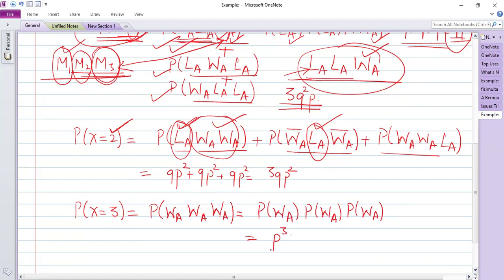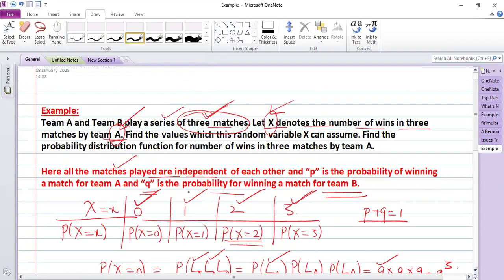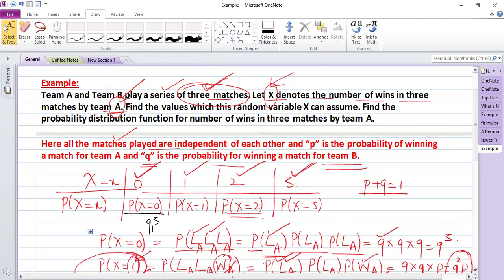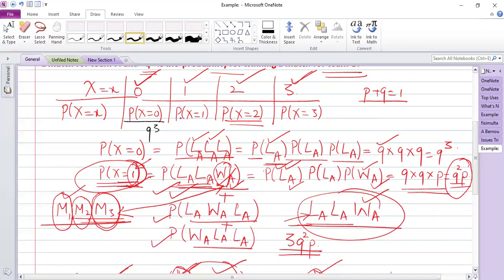So these are the probabilities. And here, the probability that x is 0 had the value q cube. What was the next value? It was 3q square p. And this value is 3p square q. And this value is p cube.